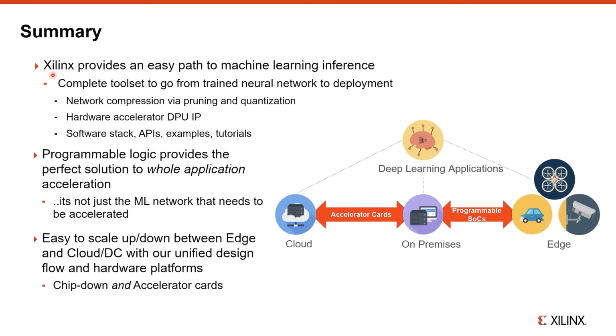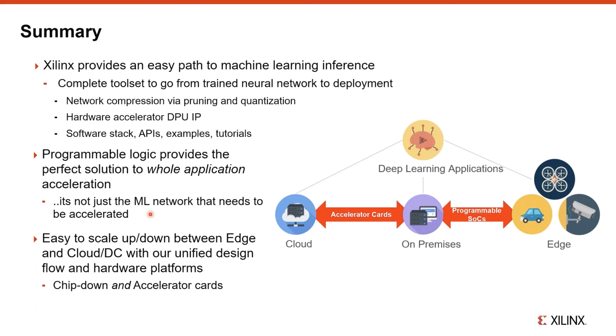We give you all of the tools that you need to come out of the machine learning framework of choice with your floating point trained model and compress it through pruning and quantization and turn it into a form that can be accelerated by an acceleration IP. We provide you also with all of the software stack, the runtimes, the APIs, and the examples and tutorials that you will need to be successful with this.